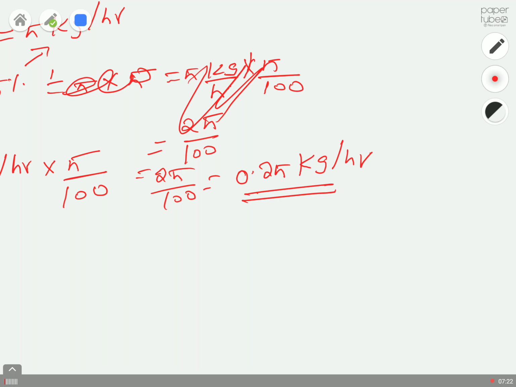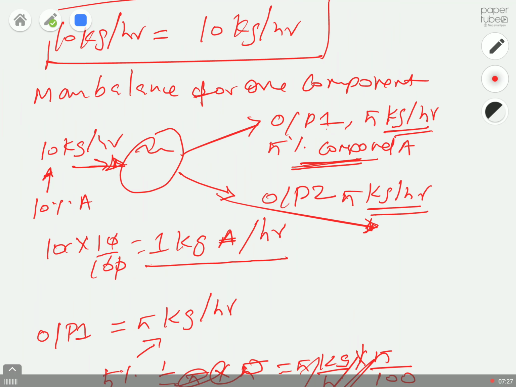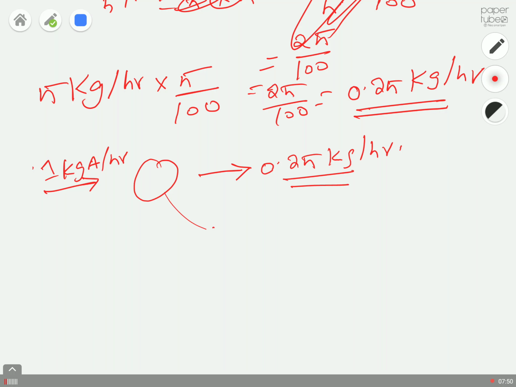So what will be the mass flow rate of compound A from output stream 2? As I said, if something goes in, it must come out. Exactly 1 kilogram of A goes in per unit time, and you know in the output stream 1 you have 0.25 kilograms per hour. So we have to calculate how much comes out in the second output stream, which we know is 5 kg per hour. We have to perform a simple component balance.